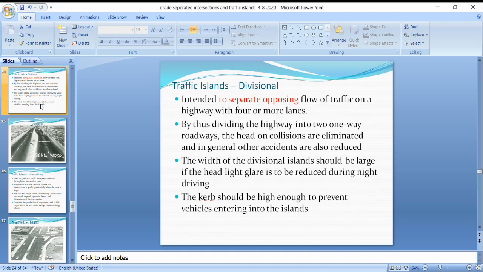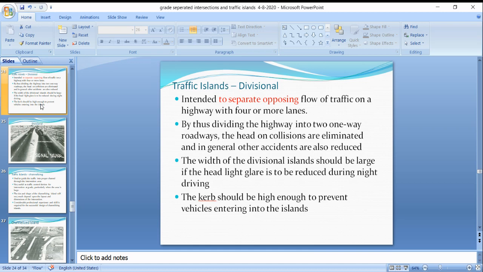So here we provide four lanes and make two one-ways. By dividing them into two one-ways, we are reducing the speed of the vehicles. Head-on collisions are eliminated, and other accidents are also reduced. The width of the divisional island should be large if the headlight glare is to be reduced during night time.